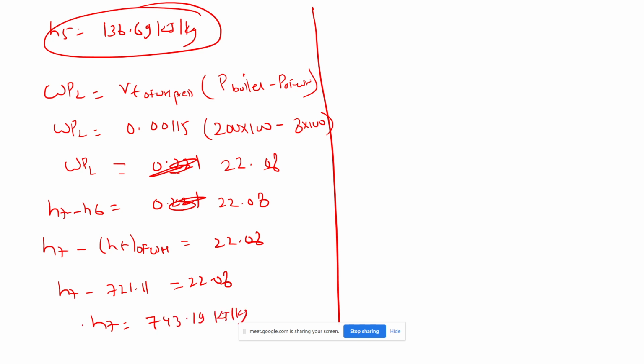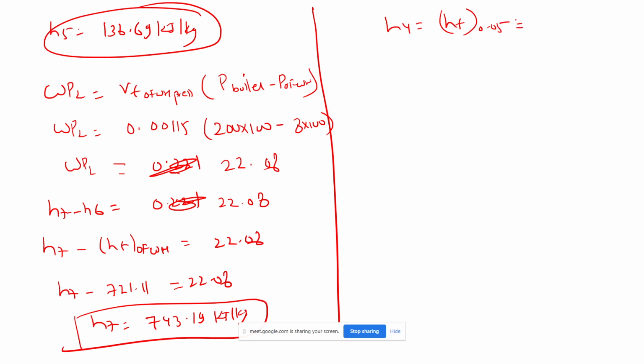H4 we have taken as HF at 0.05 bar pressure, so H5 is 137.89 kilojoule per kg. And H6 at the open feed water heater pressure is 721.11 kilojoule per kg.